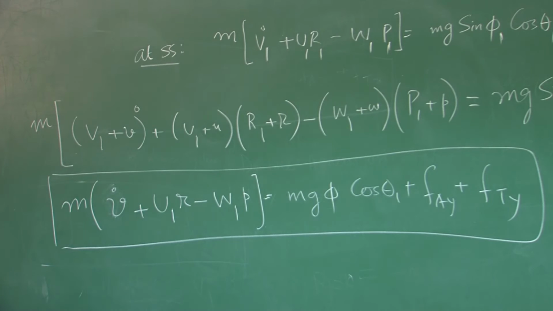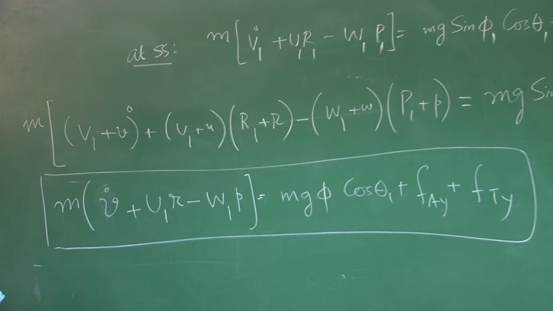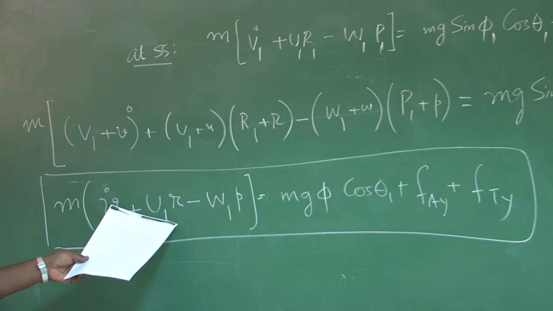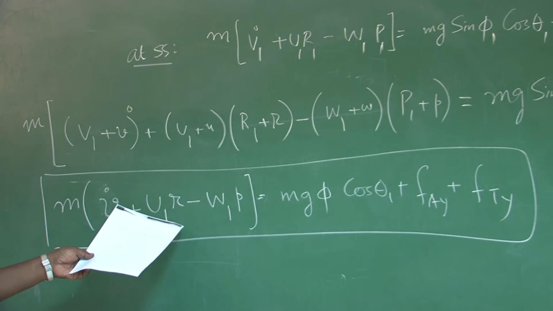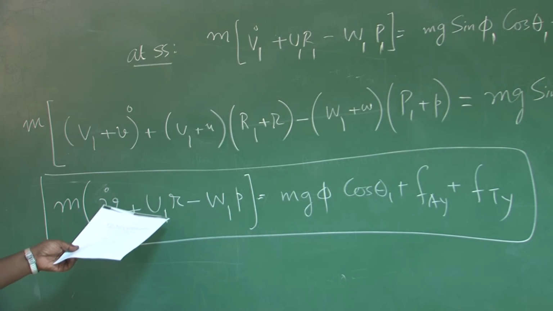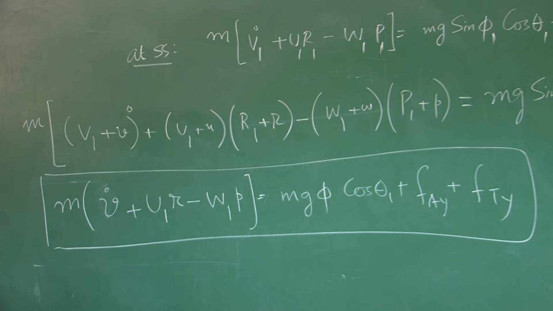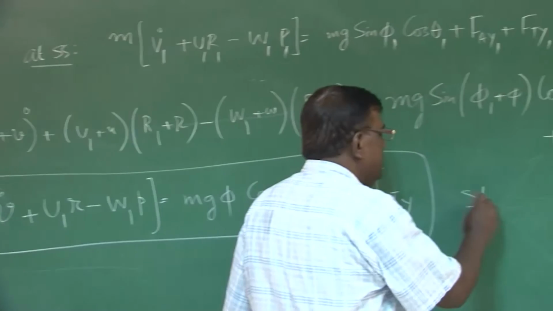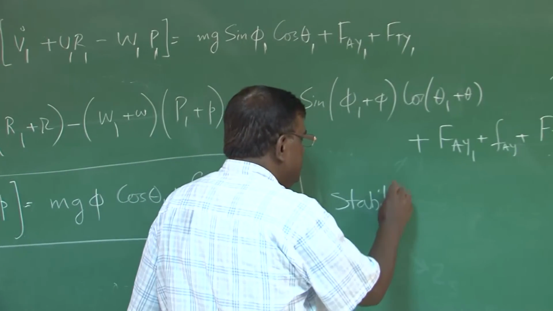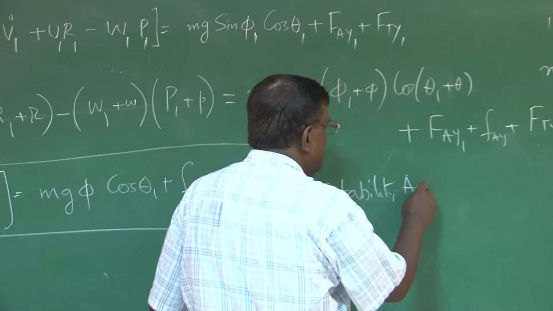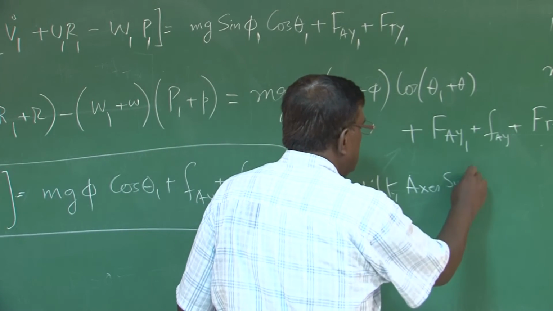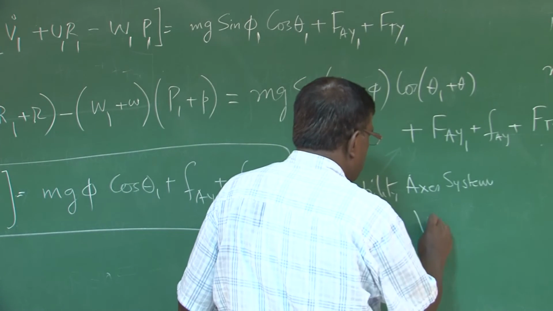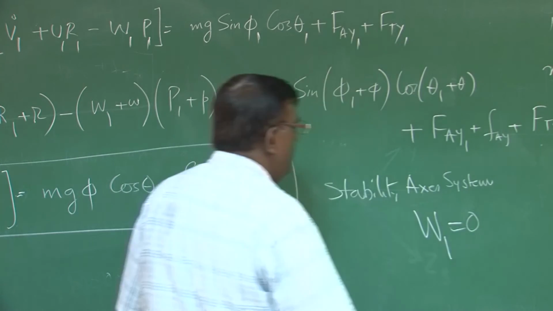What is the value of W1? We have not stated that we are using a stability axis system up to this point for this equation. The moment we say we will be consistent and we will be using the stability axis system, that means we have seen W1 is 0.